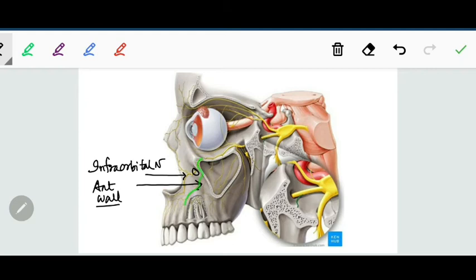Within the anterior wall runs the anterior superior alveolar nerve in a bony canal. If we trace the route of the anterior superior alveolar nerve, it is like this. This is the pathway of the anterior superior alveolar nerve within the bony wall of the maxillary sinus.